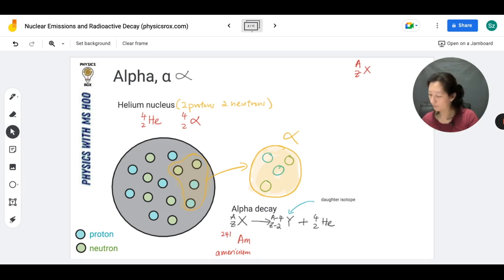It has 95 protons. Now, americium is an alpha source, and americium is used in things like smoke detectors to detect smoke. And yes, some smoke detectors are radioactive. So americium-241 will throw out an alpha particle to become a new element known as neptunium.